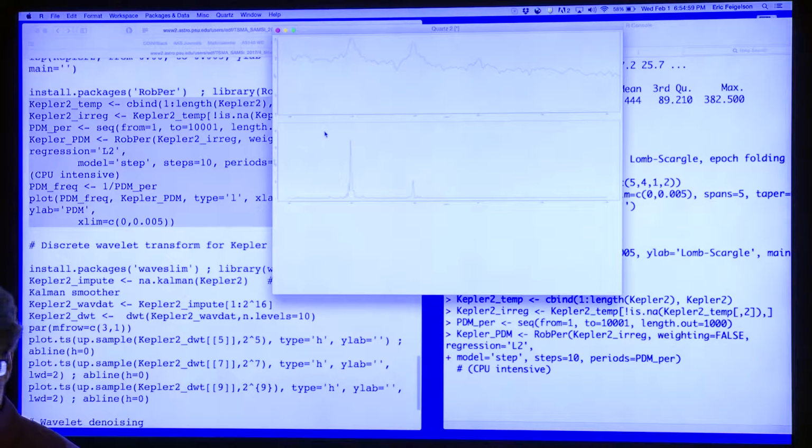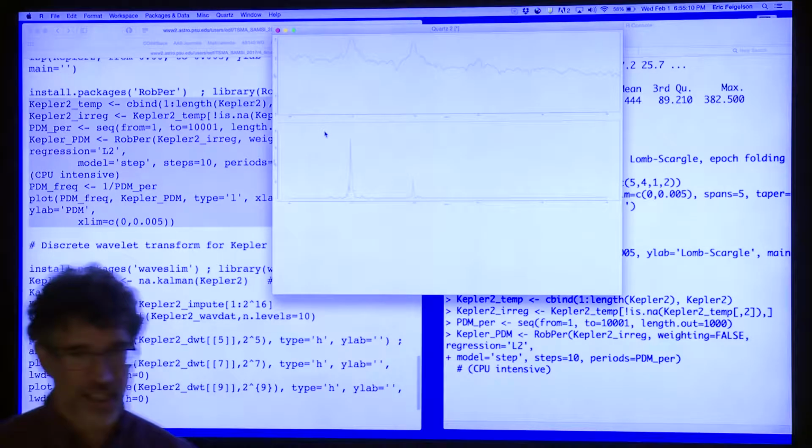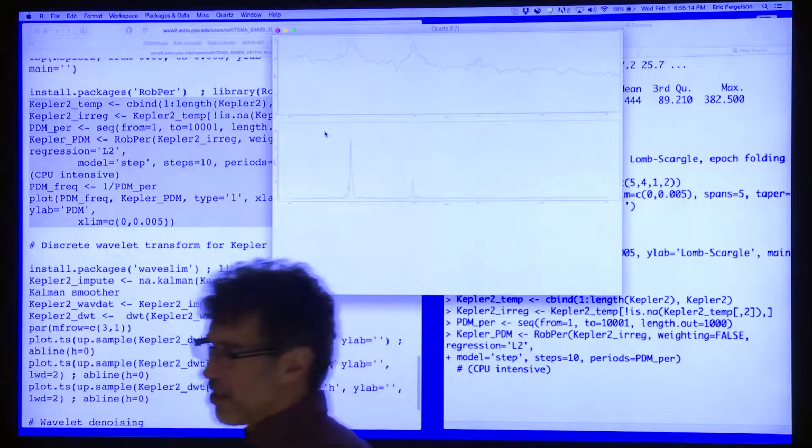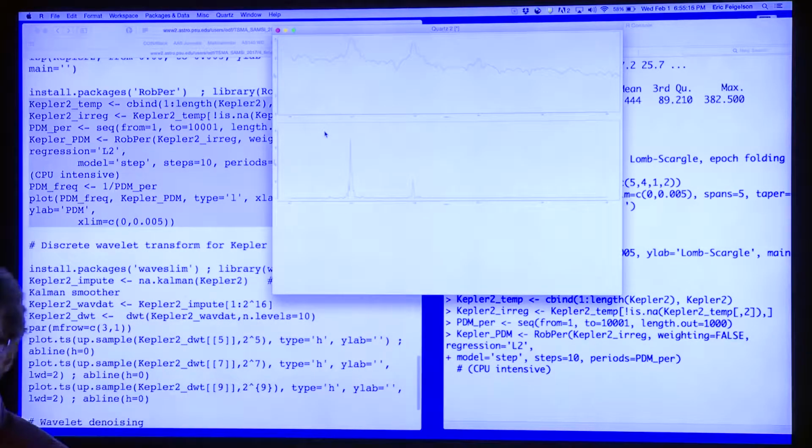I discussed it a little bit last week. It has some theorems behind it. But Jogish doesn't think it's that great all the time, and he's a mathematical statistician. It's not obvious what you want to do. And no statistician has looked at the PDM and evaluated its bias or variance or characteristics.